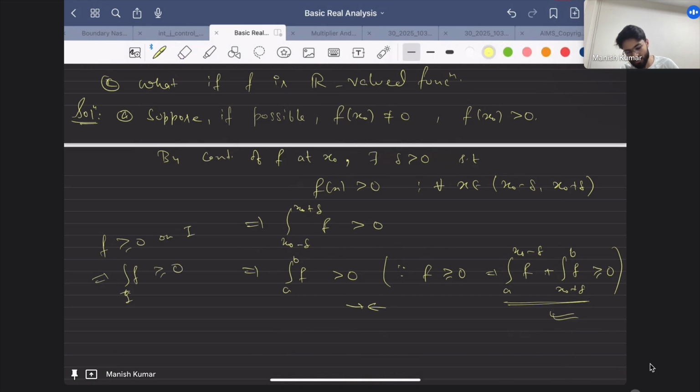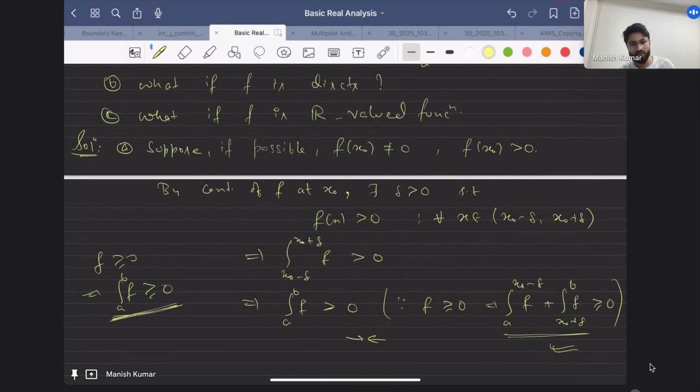Yes, sir. Sir, what have you proved? See, f greater than or equal to 0 will tell you that the integral of f is greater than or equal to 0 on a, b, but here I am saying that it is strictly greater than 0, and that's why I am getting a contradiction. If it is only this, then I cannot get a contradiction, right?